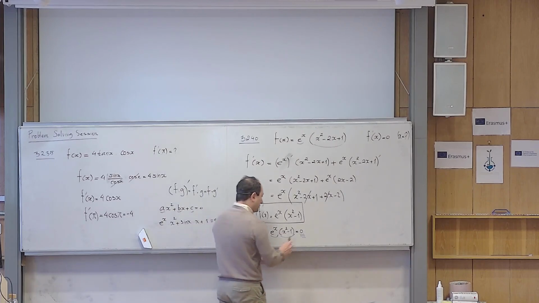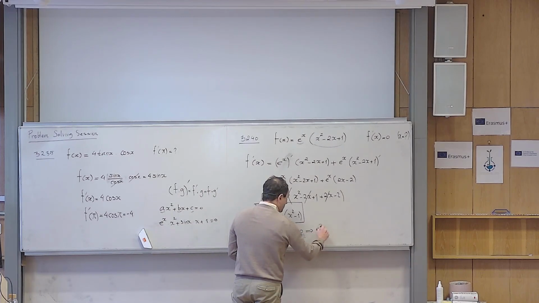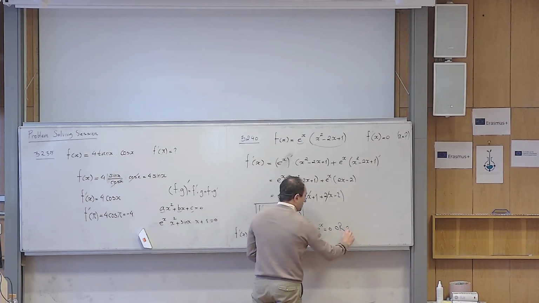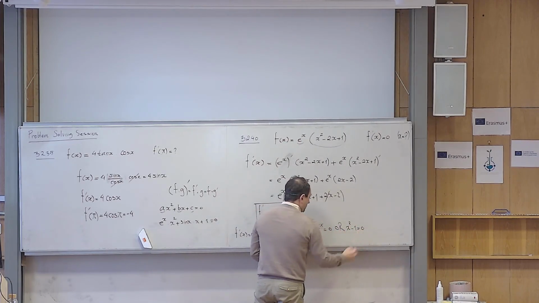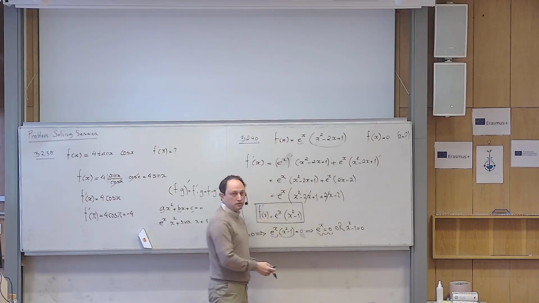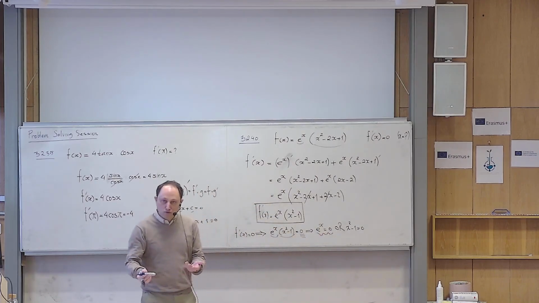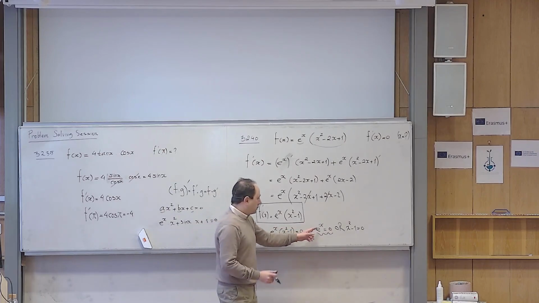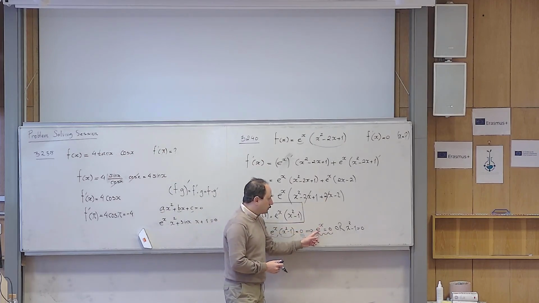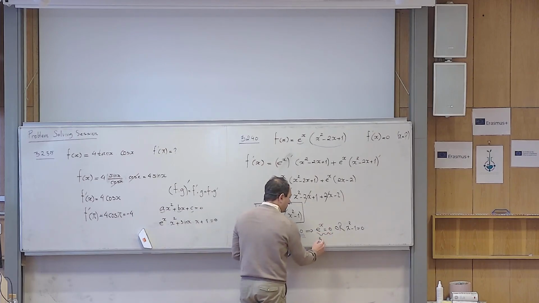So this means that either e to the x is equal to zero or x squared minus 1 is equal to 0. But do I have any solutions for this? E is 2.7 something. Whatever x is, 2.7 to that power cannot be 0. So here there are no solutions.